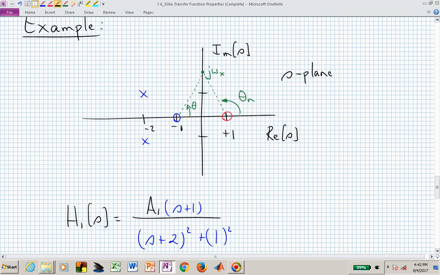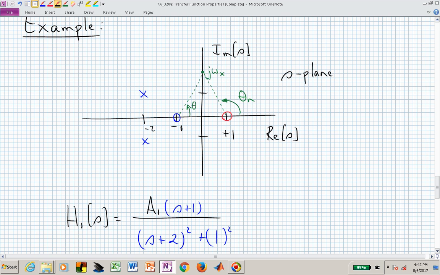Here's one example system, H1(s). It has a finite zero at s equal to minus 1. That's the blue circle. And it has complex conjugate poles at minus 2 plus and minus j1, which I've indicated with blue poles. Compare that now with a mirror-imaged zero.